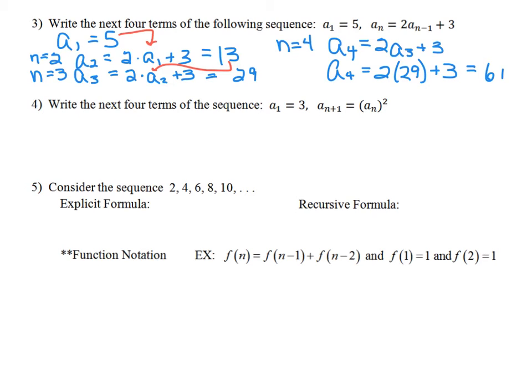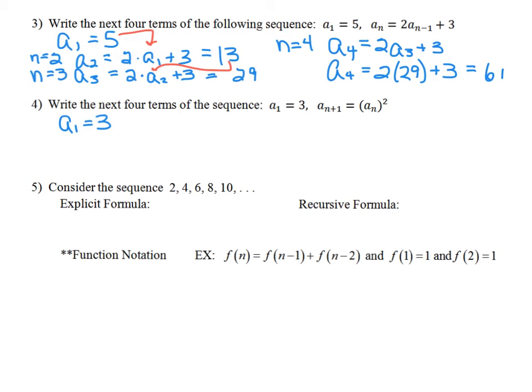Now there's another way that we can write our subscripts, and I want to point that out with this next example. We're still given A1, which is equal to 3, so that tells me my first term is equal to 3. Sometimes we write the next term, an plus 1, in terms of the previous term, an.